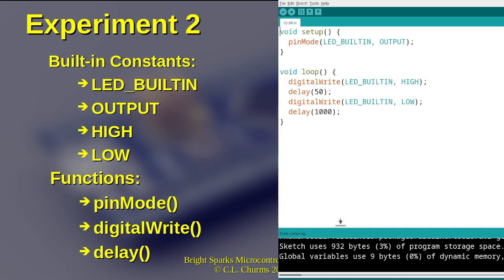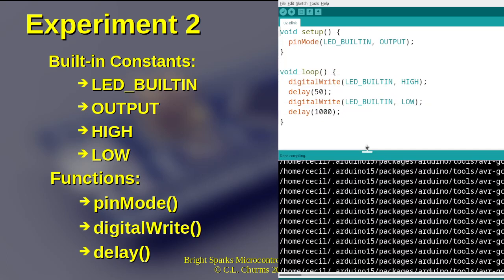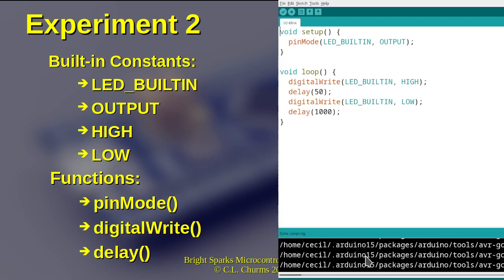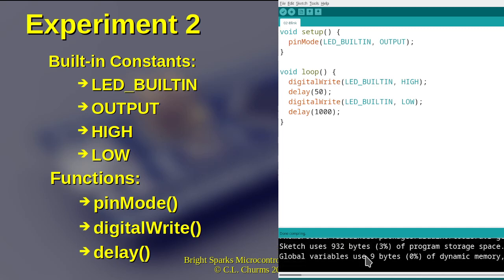And yes, you're not going to need to understand all of them, but the important thing is right down here at the bottom, it says sketch uses so many bytes, global variables use so many bytes. Okay, that's the sign that all's going well.